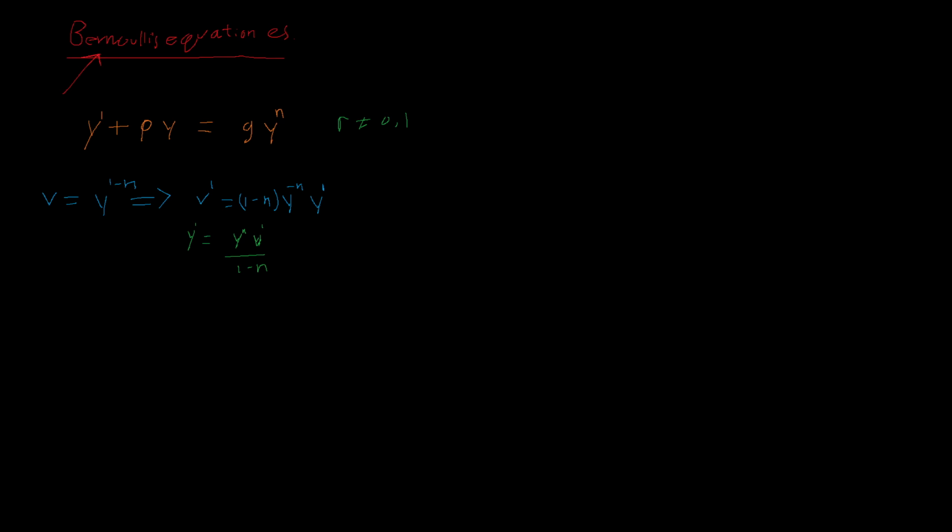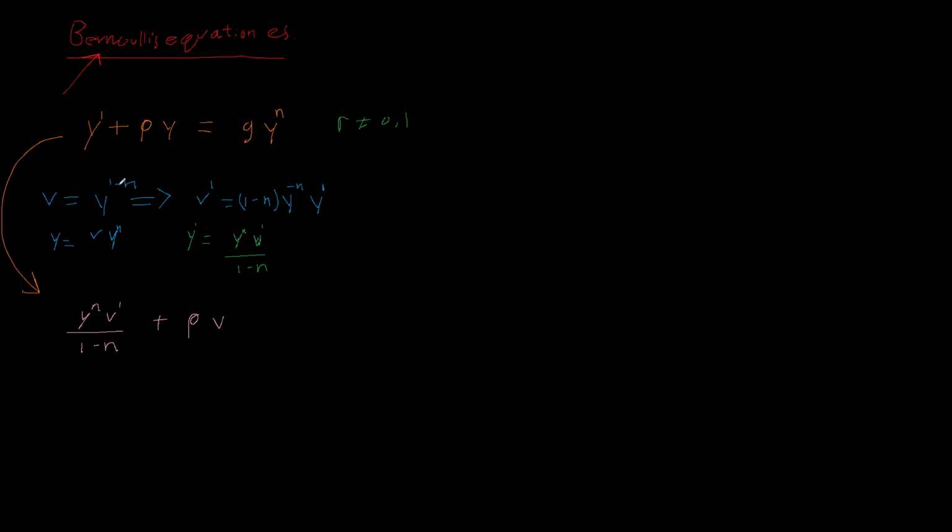I'm going to take this and turn it into that: y to the power n v prime over 1 minus n plus p times v, over y, which is v times y to the power of n, right?